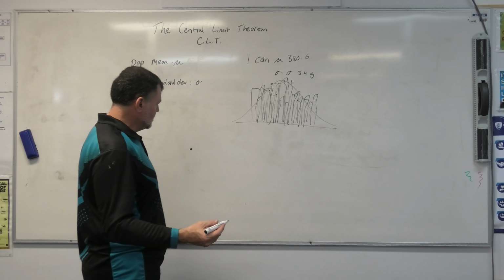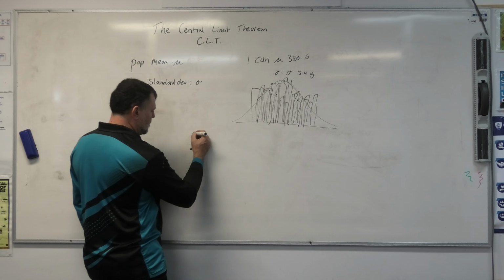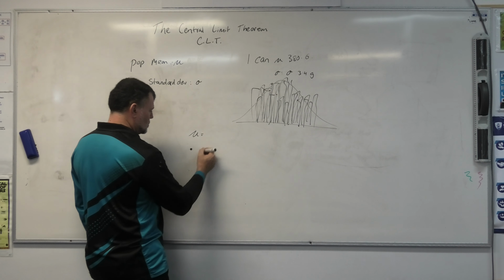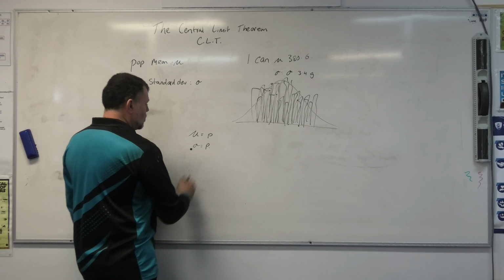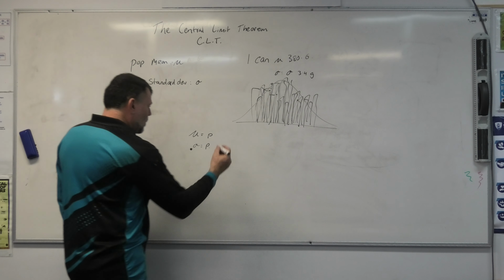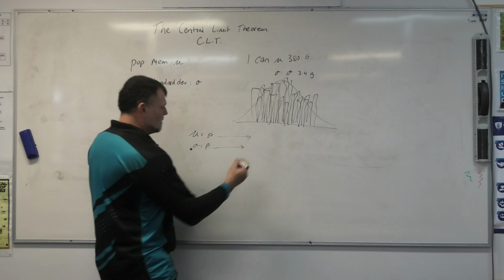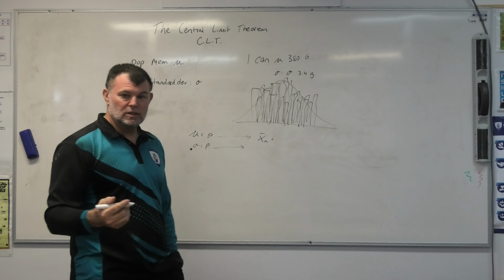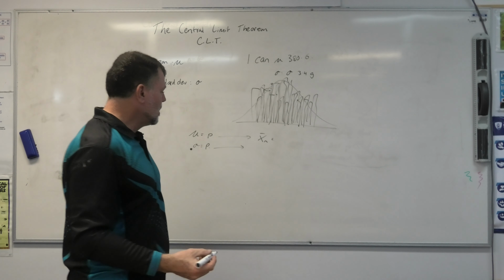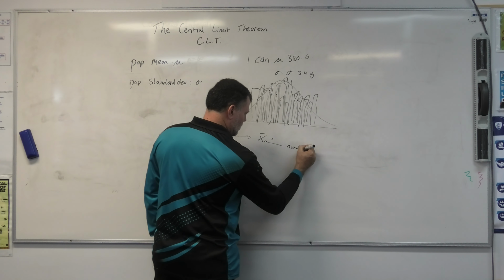So for instance, we know that if we have a population mean that looks like this, and a standard deviation which looks like this, the sample means, when we have a lot of samples, is denoted by the mean with a subscript of n, where n is the number of samples.